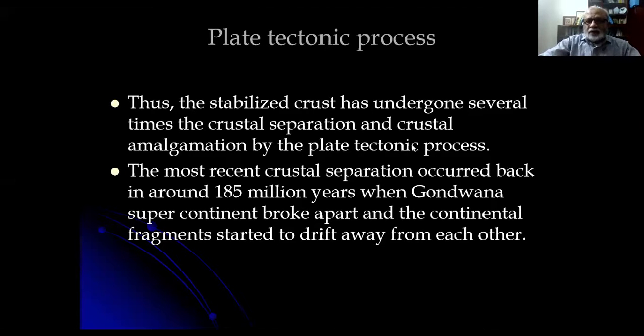So in that process, the amalgamation and the separation of the crust, the hard part of the Earth surface, started to undergo. The most recent crustal separation occurred around 185 million years ago, when the Gondwana supercontinent broke apart and the continental fragments started to drift away from each other.